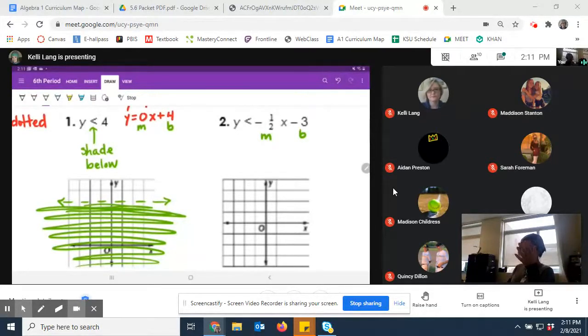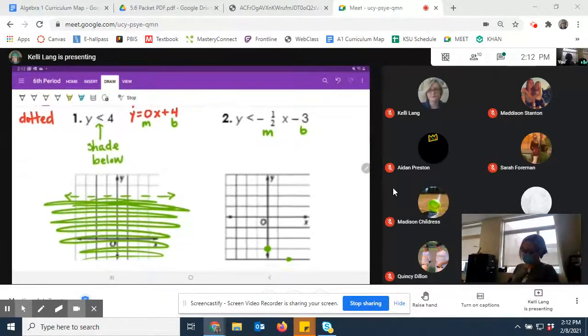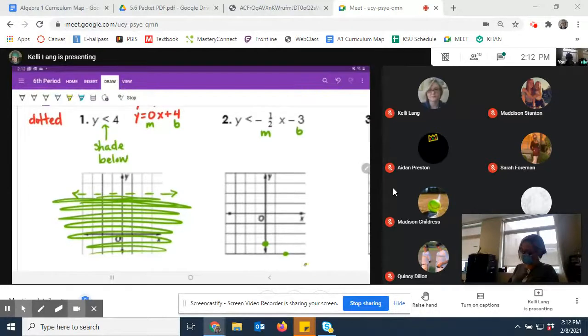So our y-intercept is -3. That's right here. And my rise over run is -1 over 2. That's down 1, right 2. Down 1, right 2. Down 1, right 2. We can even take our pattern up in the other direction since I'm running out of space there.